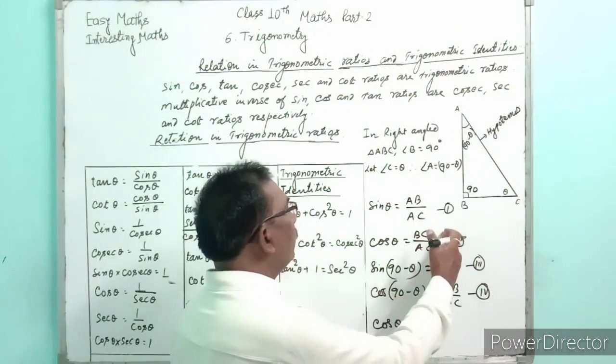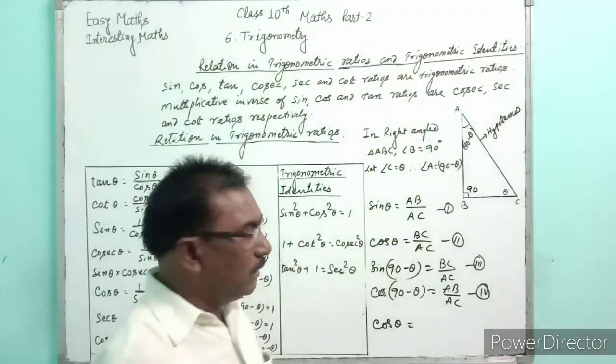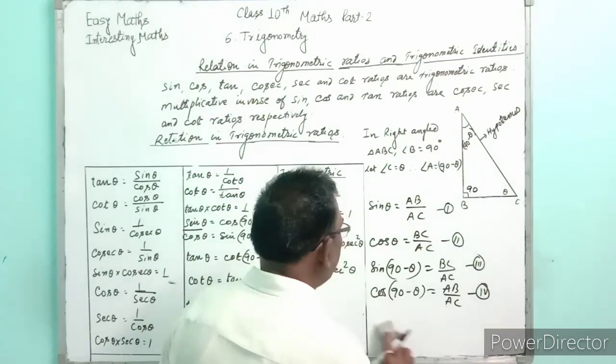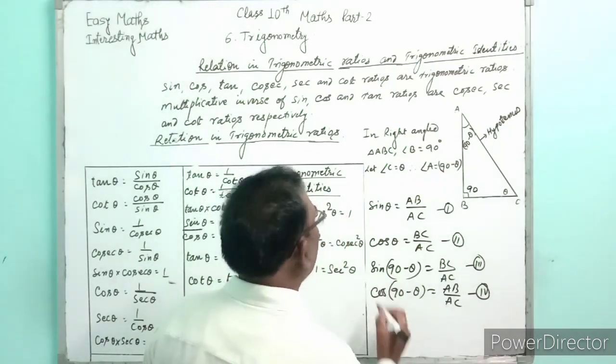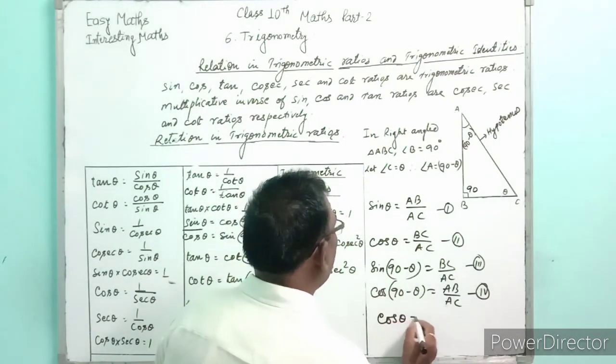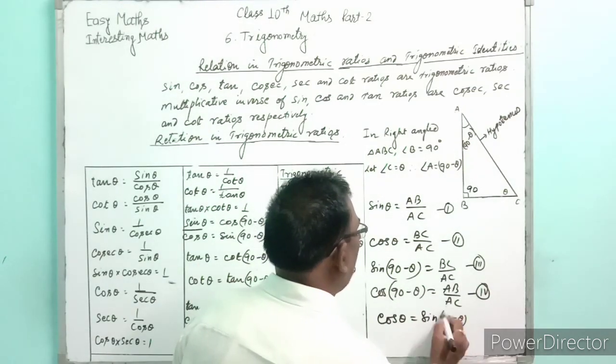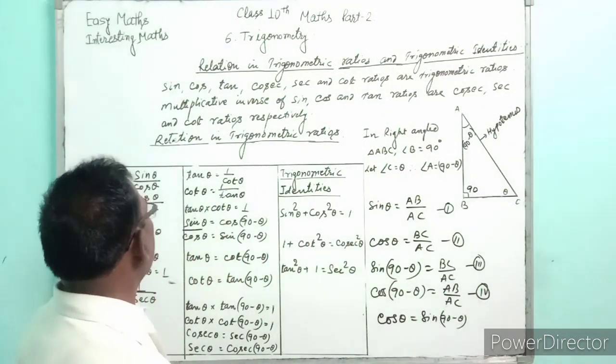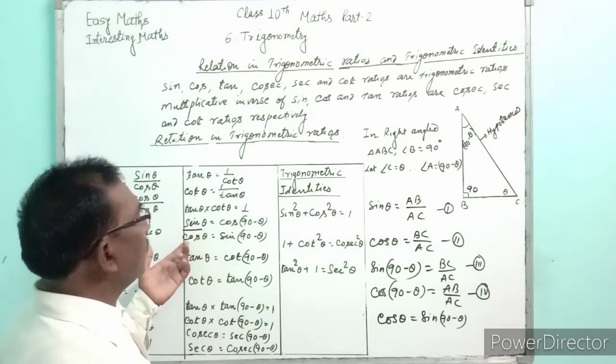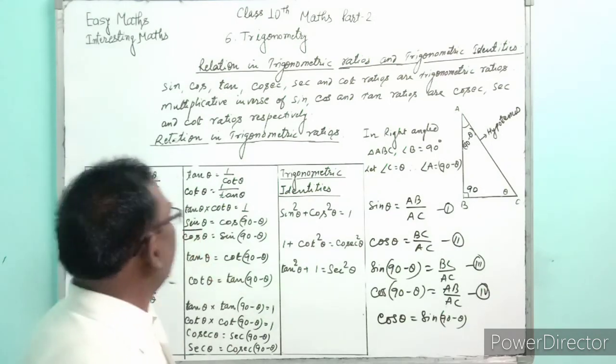The right hand sides are equal, therefore the left hand sides must be equal. Therefore cos theta is equal to sin 90 minus theta.